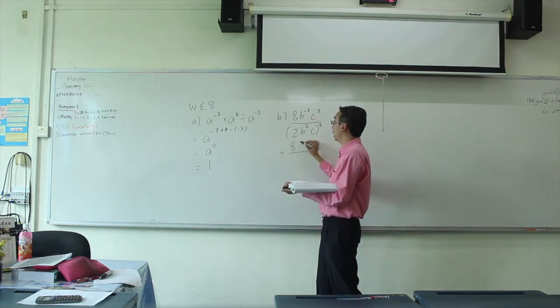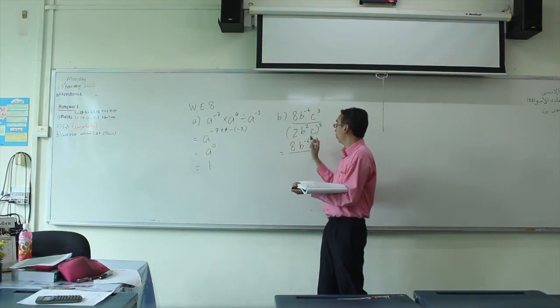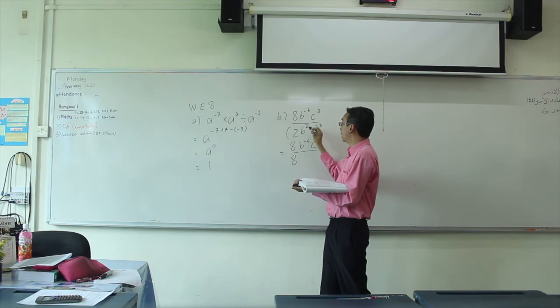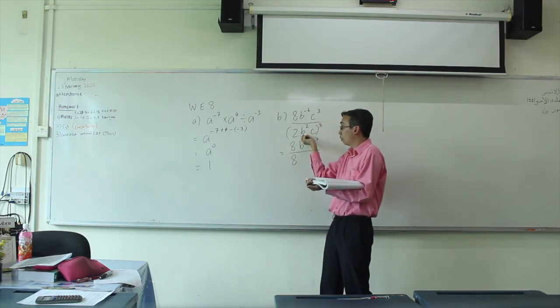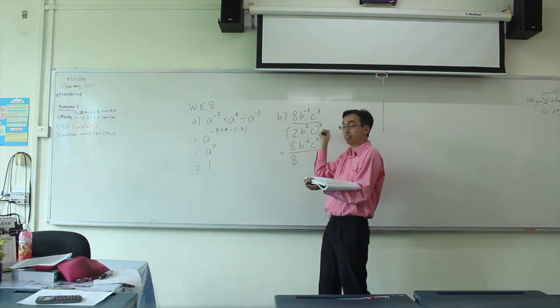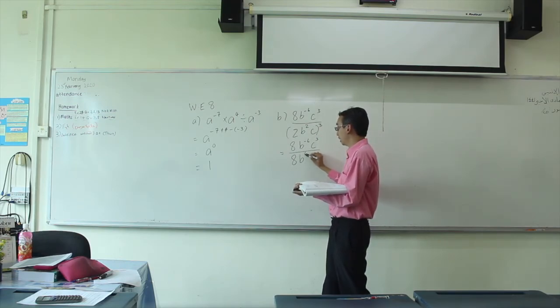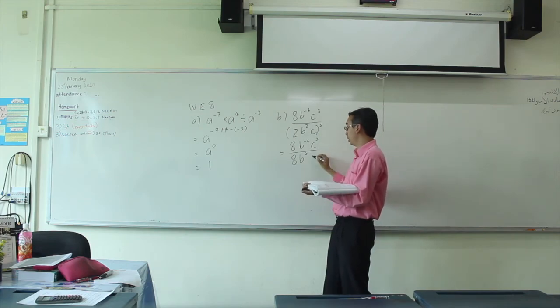So it's 8 b to the power of minus 6 c cubed. But for this part, if you still remember, the 2 has to be cubed, so it's 8. The b squared has to be cubed. Recall law 3, one term, and then what do we need to do to the 2 and the 3? We need to multiply that. So it becomes b to the power of 6. For the c, it's just c cubed.